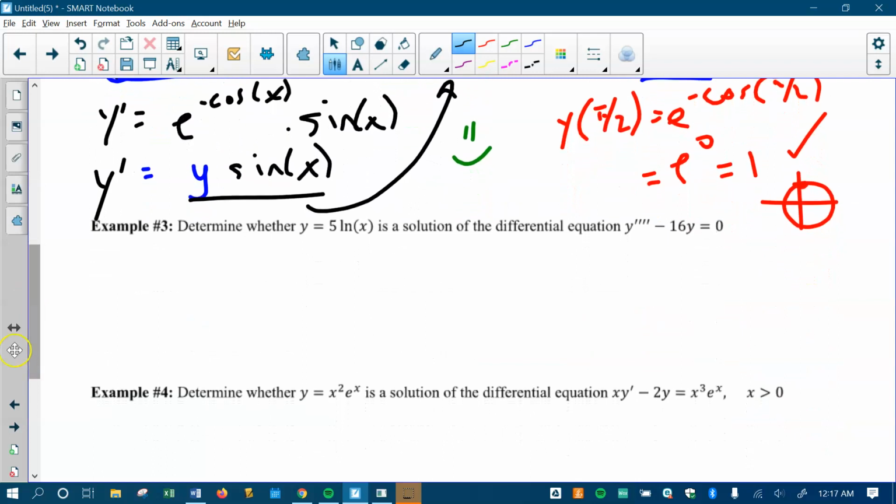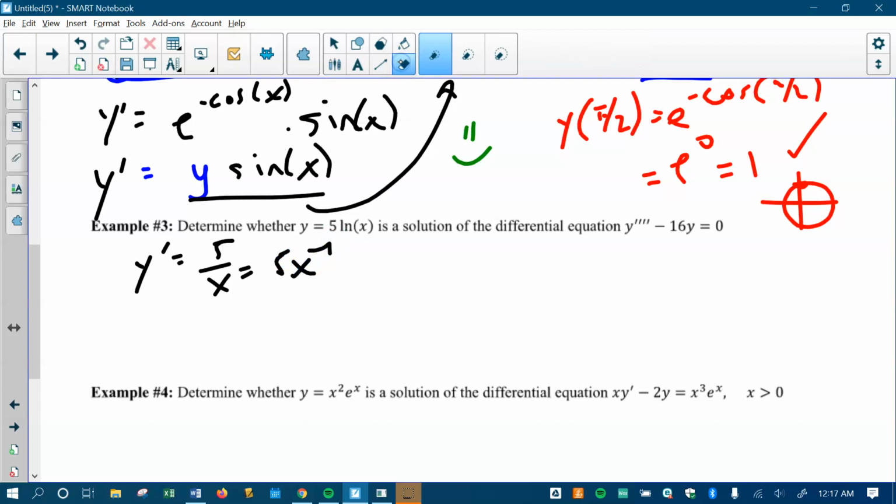Example 3 says determine whether y equals 5 ln x is a solution of the fourth derivative equation. All right, let's do it. I'm going to go out on a limb and say no, but let's try it. Y prime equals 5 over x, or 5x to the negative 1.